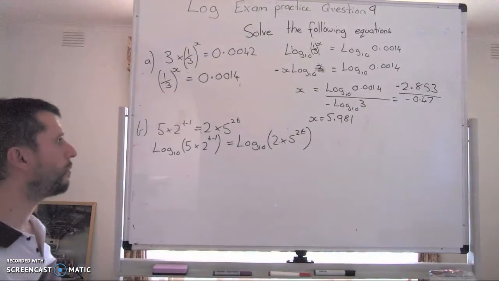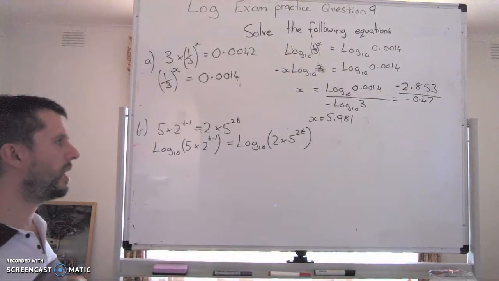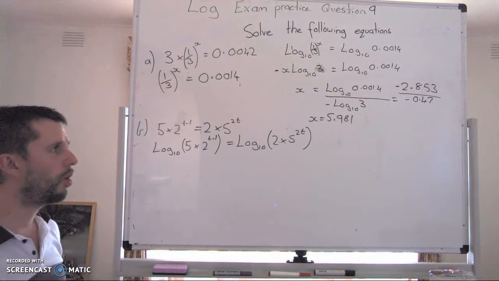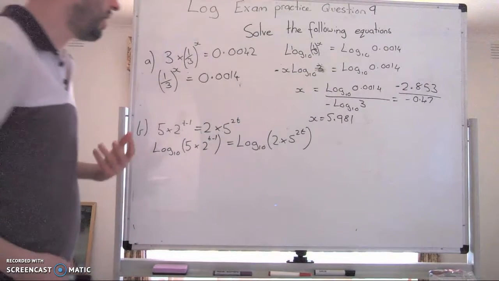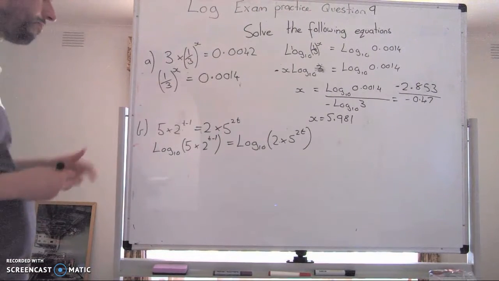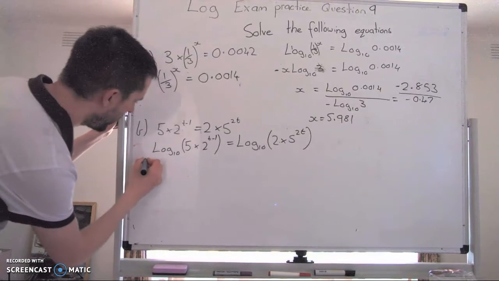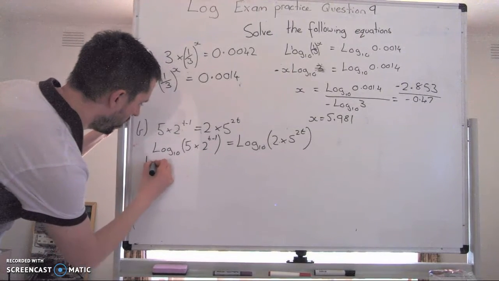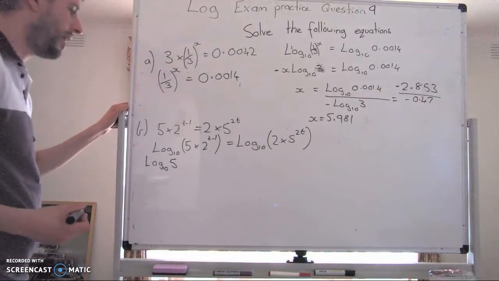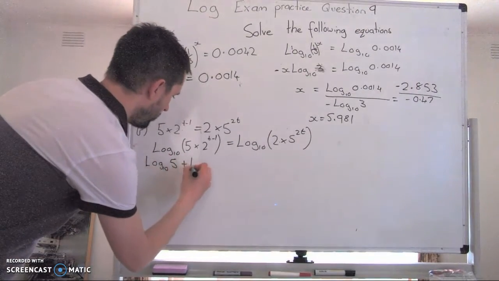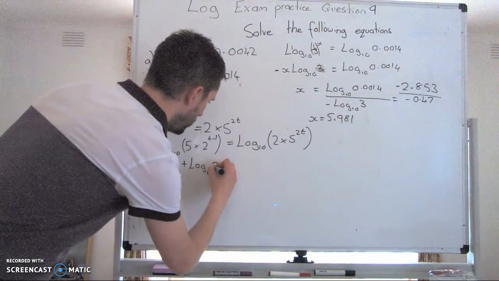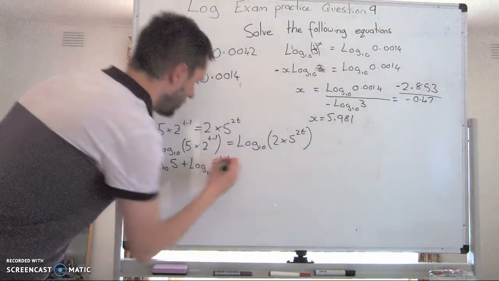So the next thing I would like us to think about is what happens when we are timesing. Well, if we're timesing, we're also thinking about our understanding of addition. So I can also separate that and go log base 10 is 5, and that is adding log base 10 of 2 to the power of t minus 1.